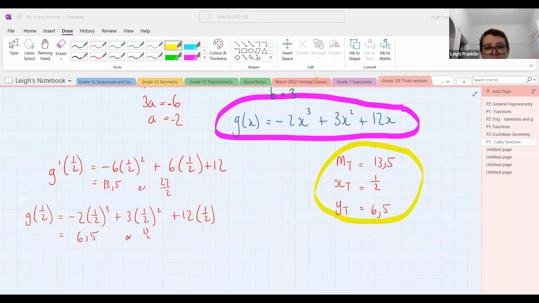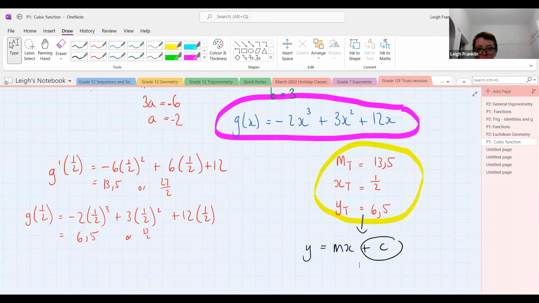Find c, absolutely. There we go. Well done, everybody. Okay, so we need to put all of this into y equals mx plus c. And of course, it's c that we need to find the answer to.